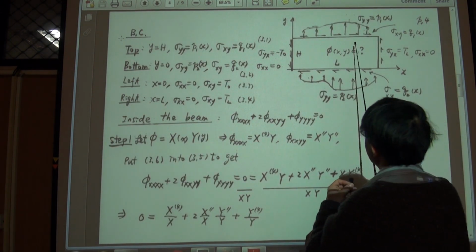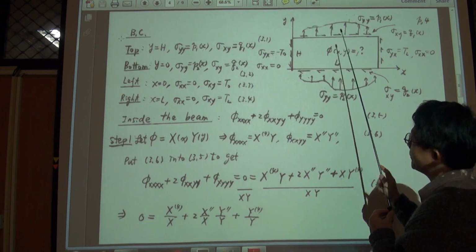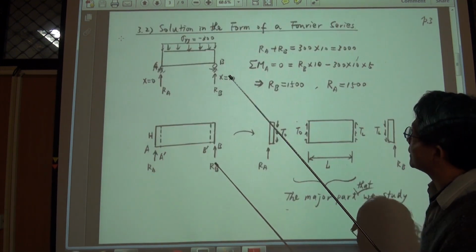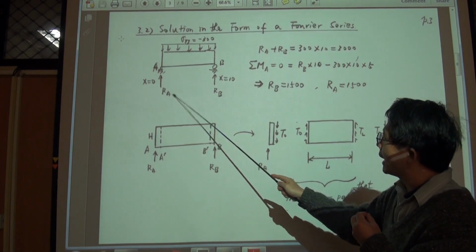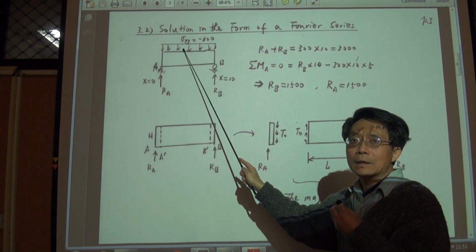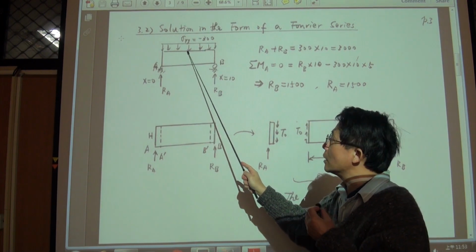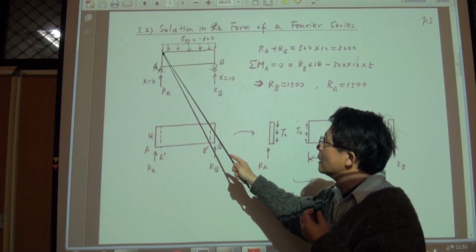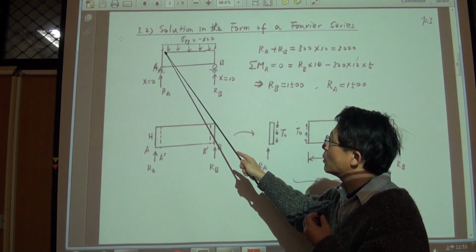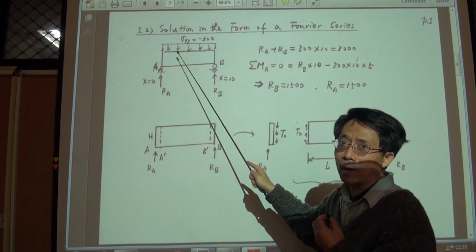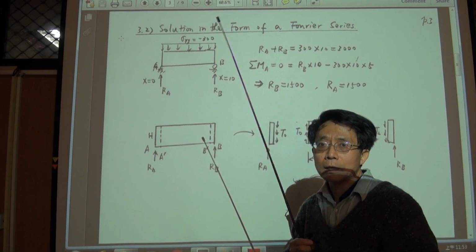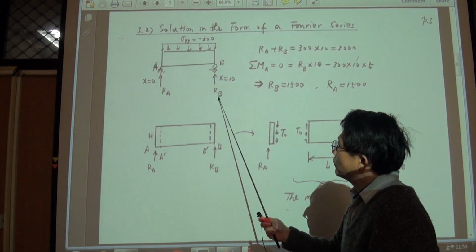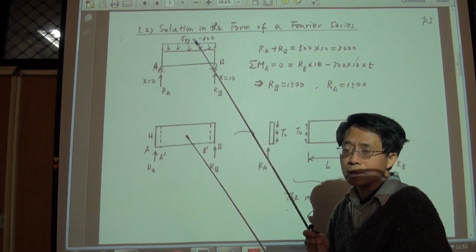Now, let us consider a general problem. Let me emphasize. The resultant forces here, the reaction forces RA and RB, can be calculated by considering the uniformly distributed load. But if the distributed load changes to the triangular one, okay, the triangular distributed load, you still can compute the resultant forces here, the reaction forces here.